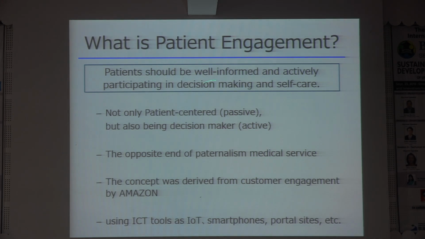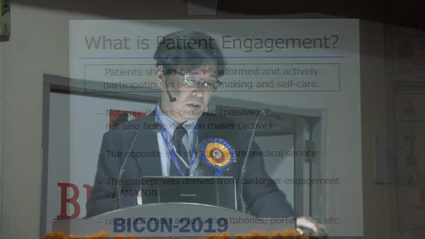So patients should be one part of the decision maker of their health and disease. Okay? The opposite end of paternalistic medical service. This paternalistic medical service is just giving the tablet and taking it. That's it. This is paternalistic medical service. This is not very good.